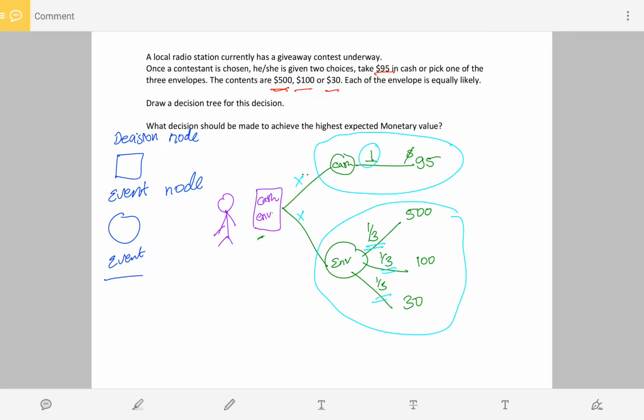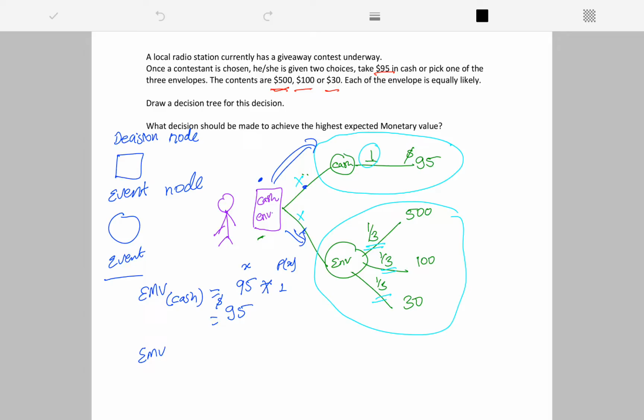EMV of choosing envelope is, well, X is 500, associated probability is 1/3, plus $100, associated probability is 1/3, plus $30, associated probability is 1/3.